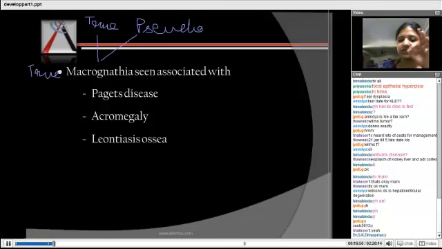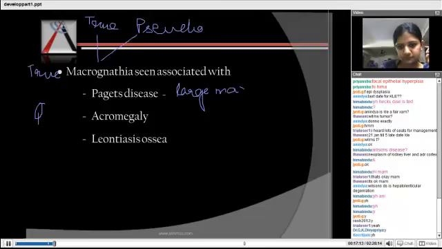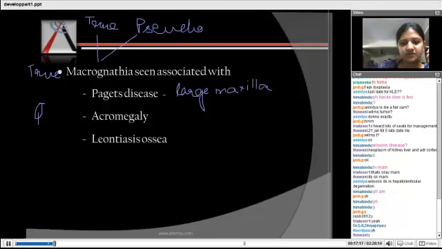You will find it in 3 conditions: Paget's disease, acromegaly, leontiasis ossea. This has been an MCQ. In Paget's disease, maxillary macrognathia, or a large maxilla, is a very important finding. It's a characteristic feature of Paget's disease.